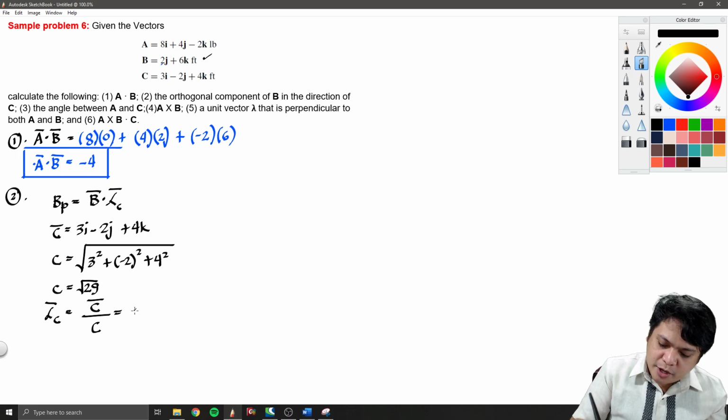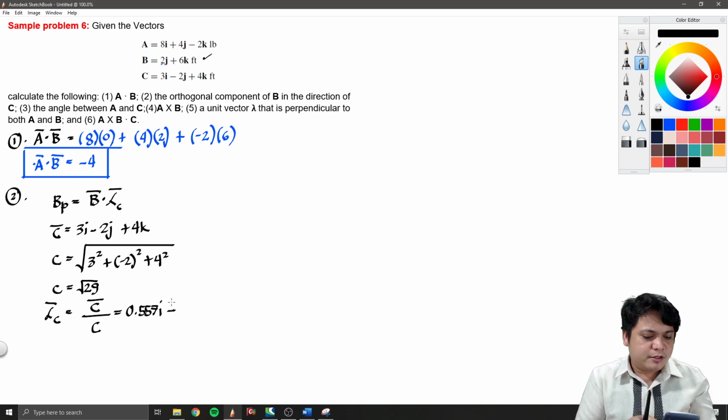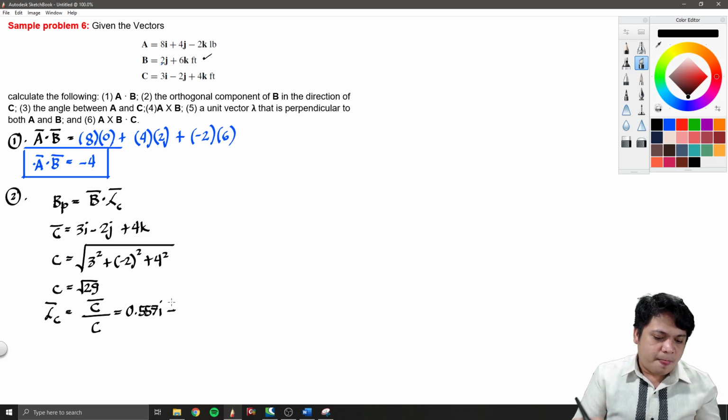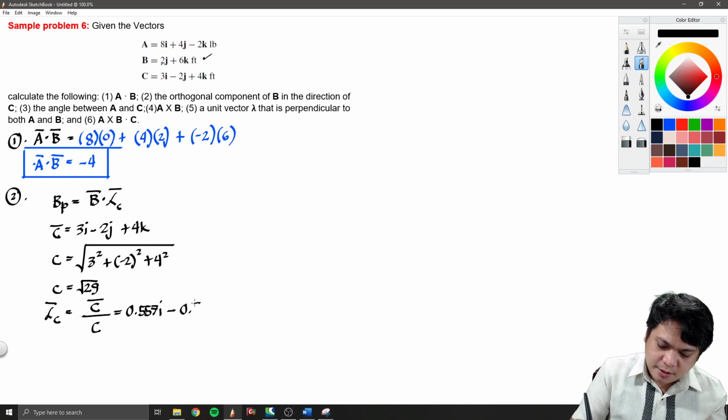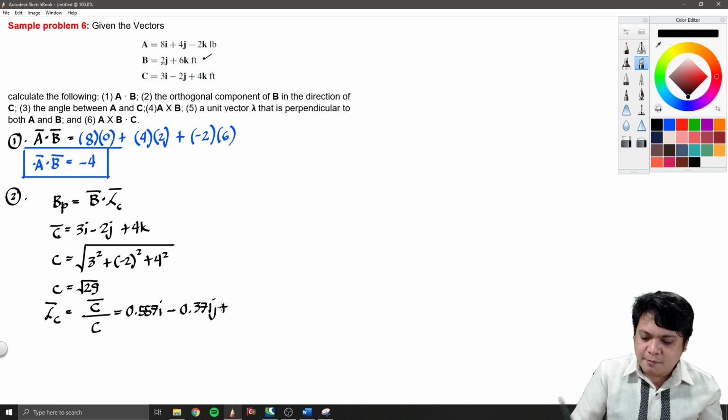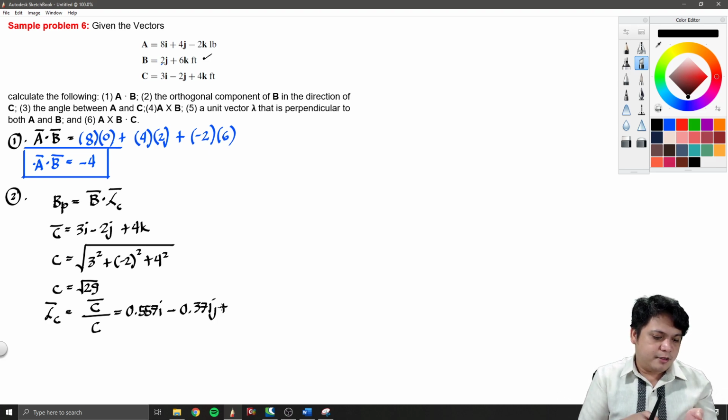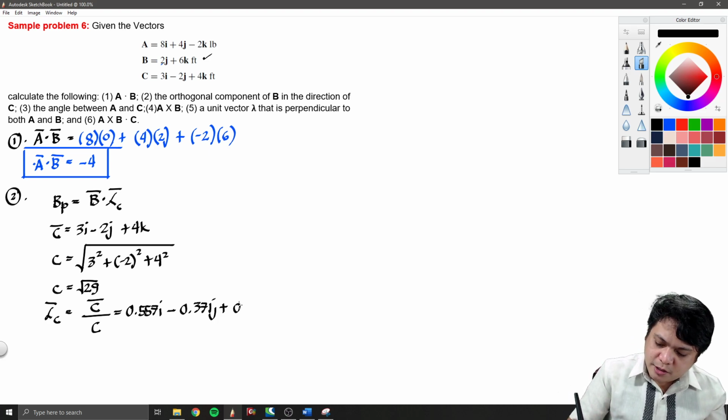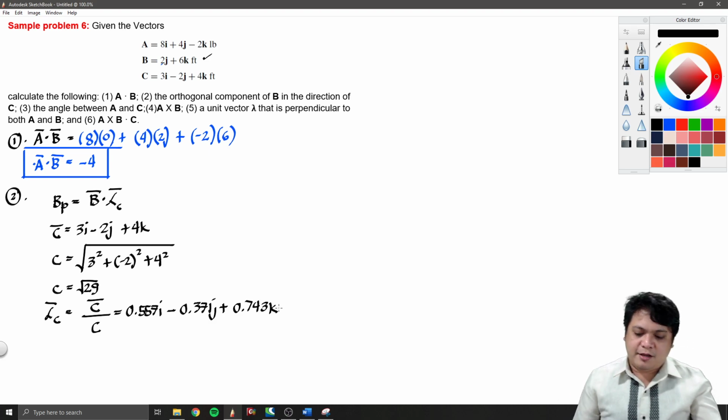So, that is 0.557 of I, and then minus 0.371 of J, and then plus 0.743 of K. Okay?